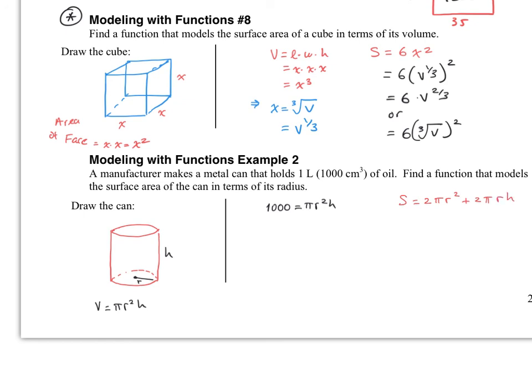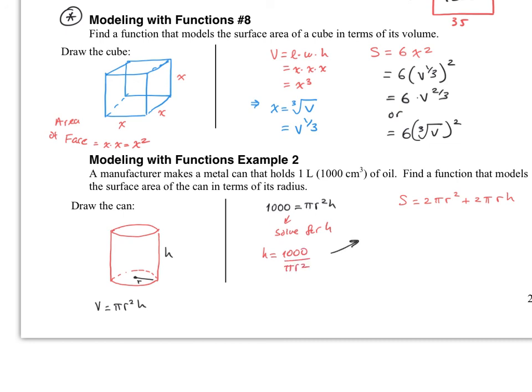Notice that you already have the r in here, but you only want to have r. That's what it means in terms of r. So you need to get rid of the h. And to do that, you can solve for h here. So if we do that, h is going to be 1000 over pi r squared.